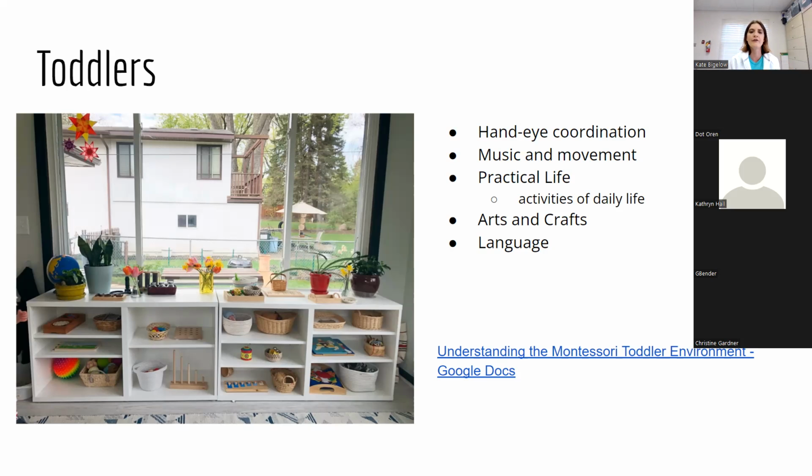There are a variety of external methods that you can look at to check whether these materials are going to be safe. They make what's called a choke tube, which is basically a small plastic tube, and you can put items in the tube. If it fits in the tube, it will fit in your child's throat, so it's too small to be in your environment. It's also important that with our youngest children, we're providing materials that are easy for them to put away.